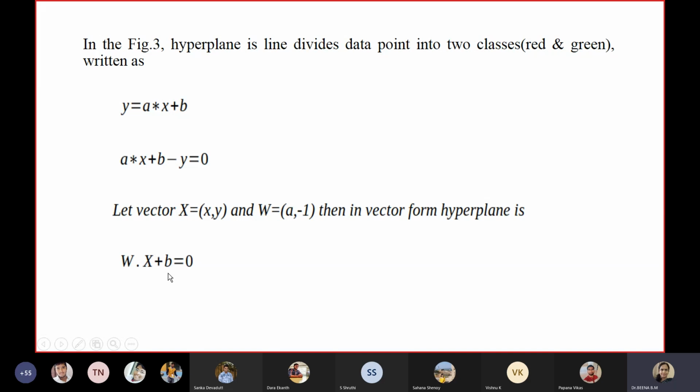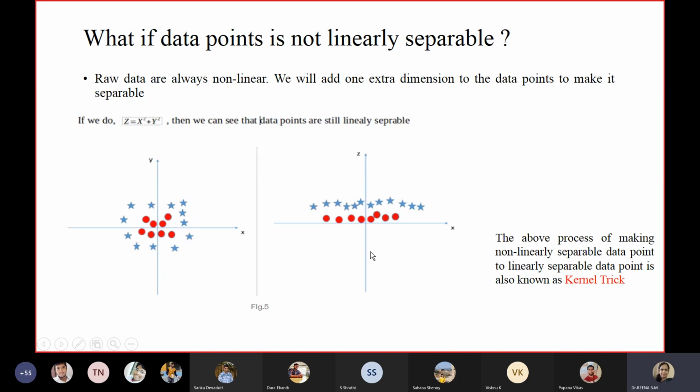Okay, now this is the equation. The hyperplane is w into x plus b is equal to 0. So you already saw that mixed data, or the unfiltered data, is called raw data. That is always non-linear. It is not linear data. So to segregate this mixed data into different classes, we add one more dimension.